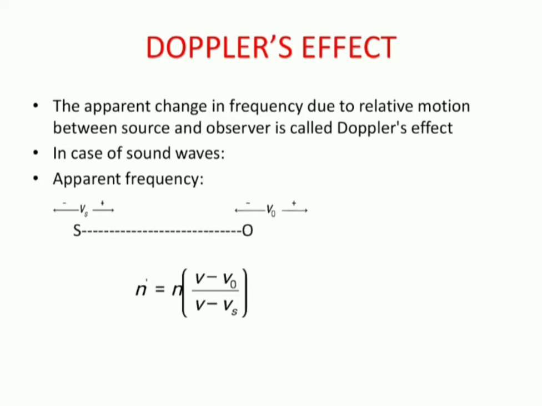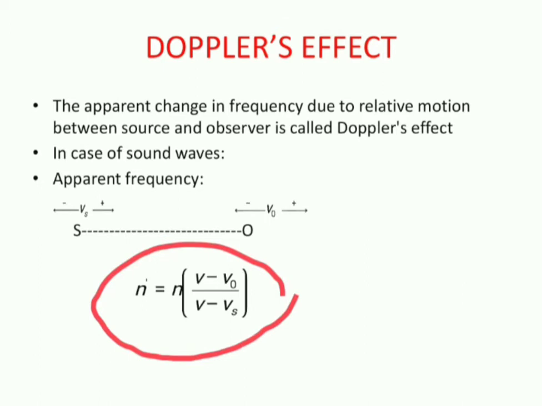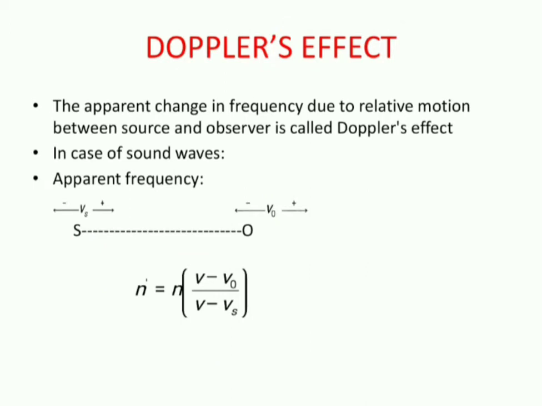What is the formula for apparent frequency? It is given by n dash is equal to n into (v minus v naught) by (v minus vs), where v is the speed of sound, v naught is the speed of the observer, and vs is the speed of the source. And what is the sign convention we have taken? If the source is taken on your left-hand side and the observer on the right-hand side, which is the positive direction of Vs?